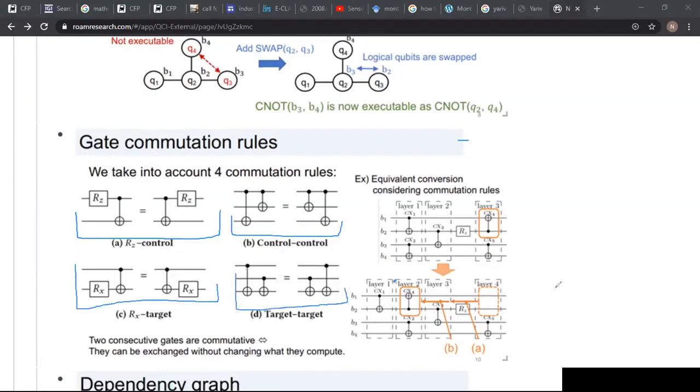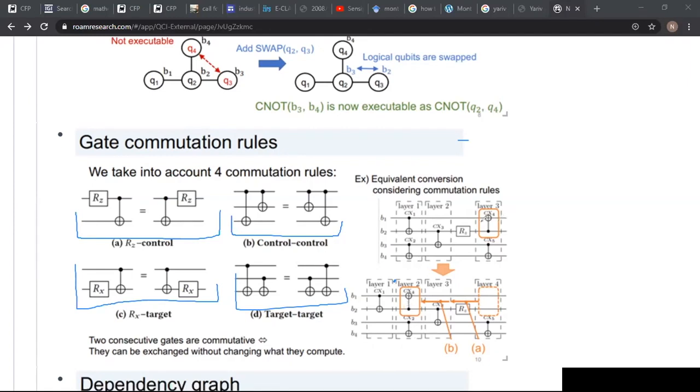So we work it out with the example over here. So a CX and a CX, CX3 and an RX. So when we try to map it down in the next one, we have layer one, which has control one and control two, and we have layer two, which has control four.